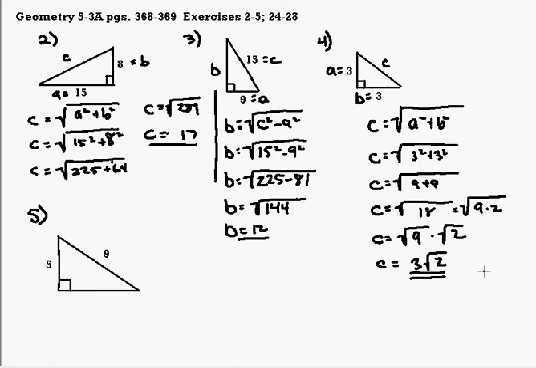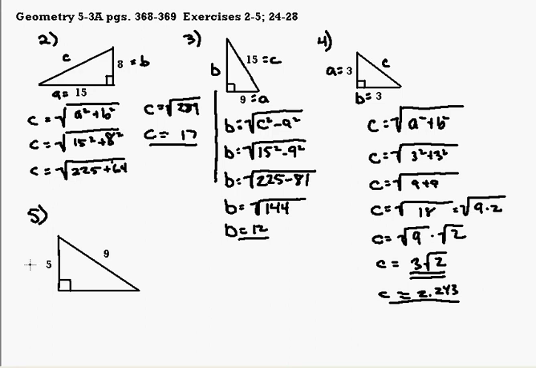And if I were to go 3 times the square root of 2, I would get 2.243. So C is approximately equal to 2.243.